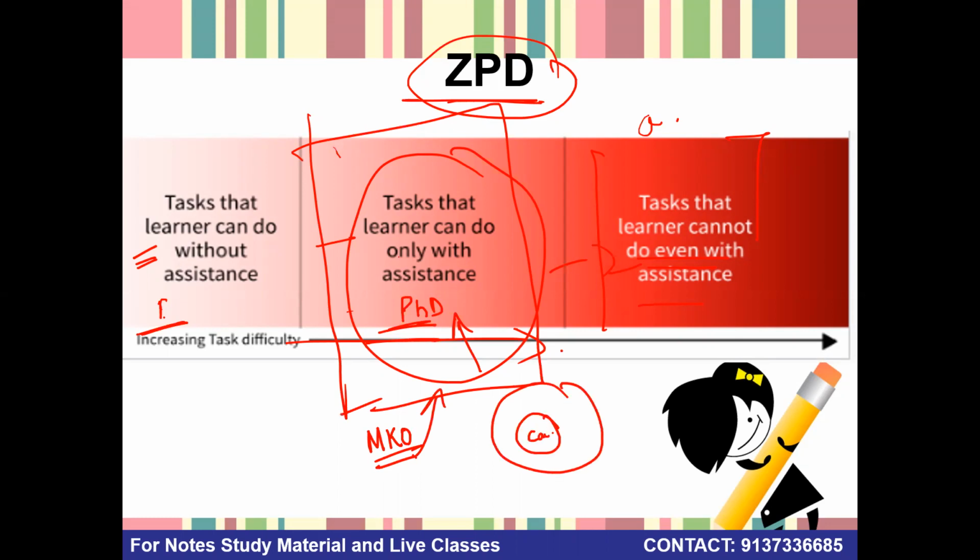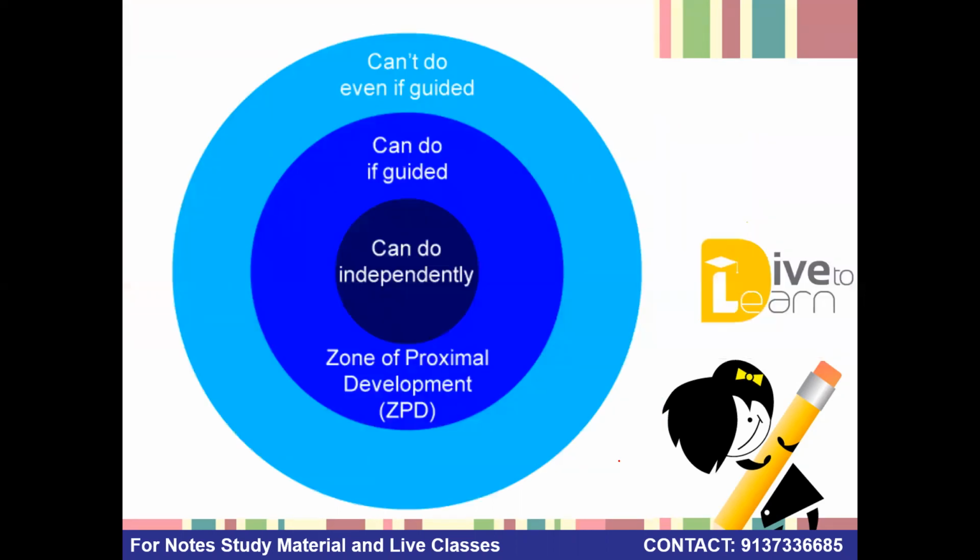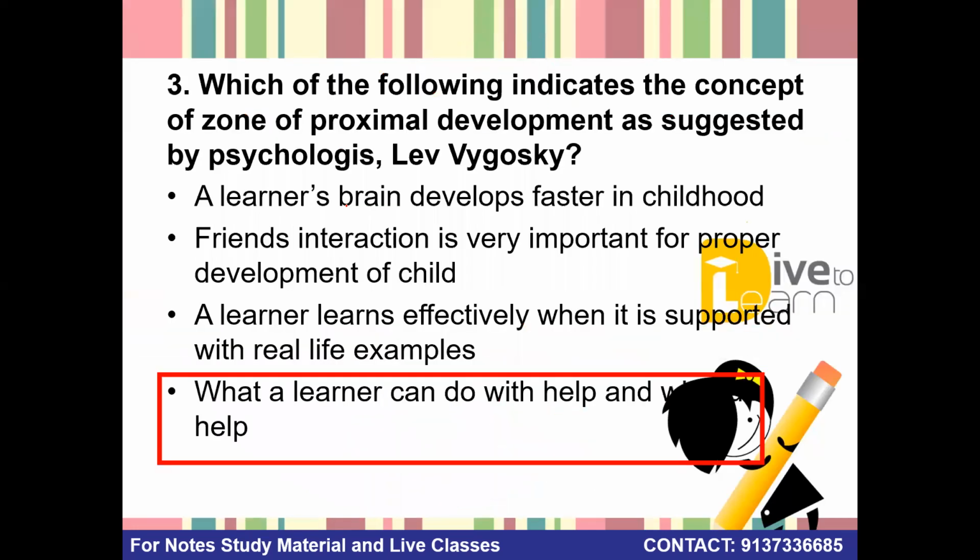If this is the can-do zone, then with the help of a guide I can do this much of a task, and there will still be some bit which I cannot do even with the help of a guide. Can do if guided is my zone of proximal development. That is the question: what a learner can do with help and without help. Lev Vygotsky, a Russian psychologist, gave this concept.